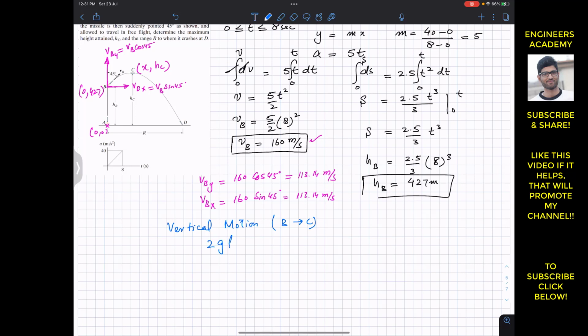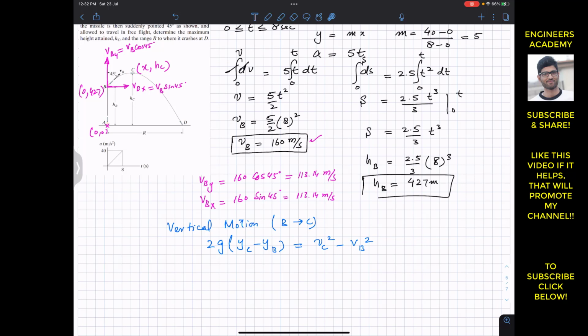So now from B to C we can say that 2g times (yc minus yb) will be equal to vc squared minus vb squared. Now, since we are considering the vertical motion, at point C the missile is only moving in the horizontal direction, so the vertical component of the velocity will become 0.